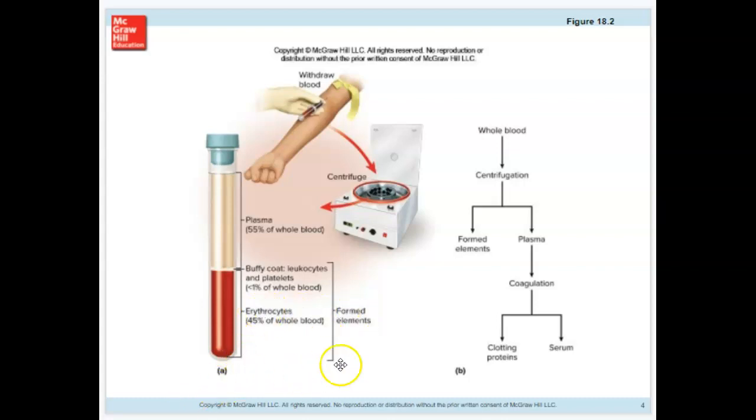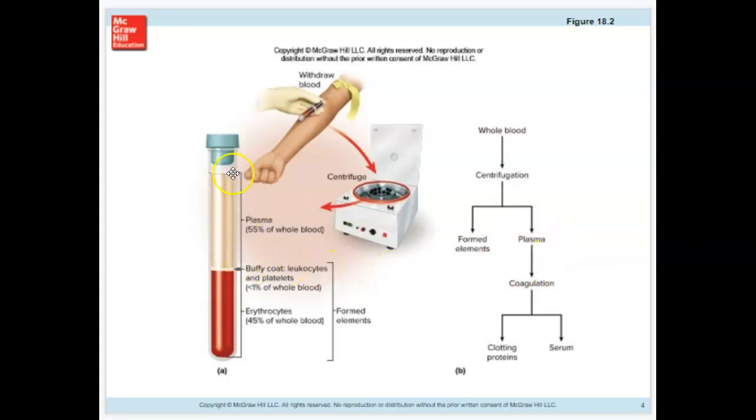Then when we have whole blood and we put a tube here for centrifugation, we're going to separate this liquid part and this solid part. The solid part is going to be the formed elements or cellular elements, and the plasma is going to be the fluid part.